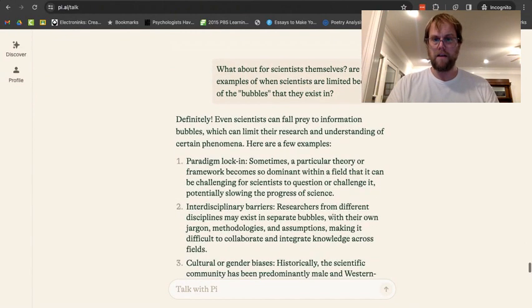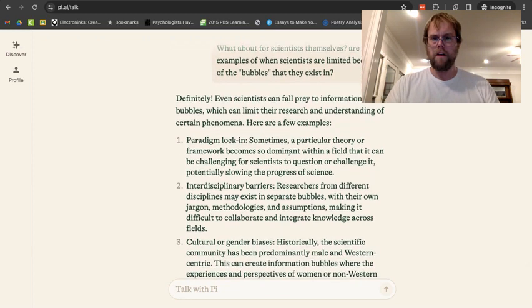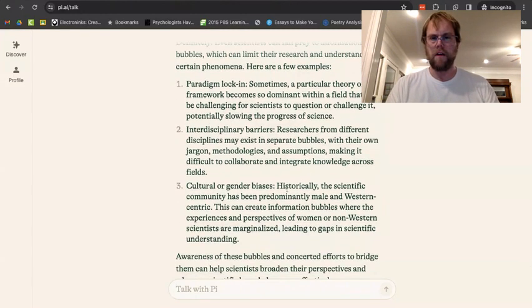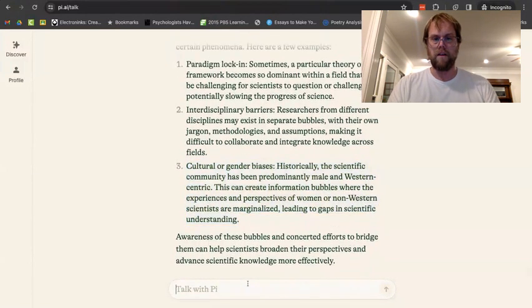Paradigm lock-in, nice. Now we're getting somewhere. Scientists, a particular theory or framework, becomes so dominant, right? So we don't want to think that anything besides the giant asteroid killed the dinosaurs, so that when other things come in, then that's sort of a bubble. Cultural or gender bias, cool, yeah. Even in the sciences, this is neat. This is getting us into a place, right?